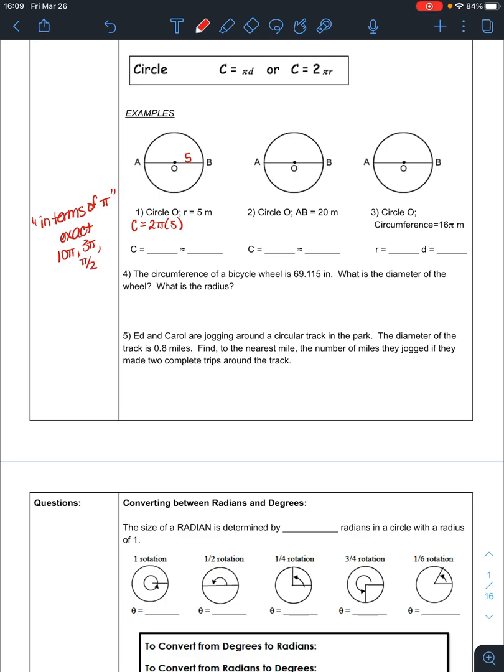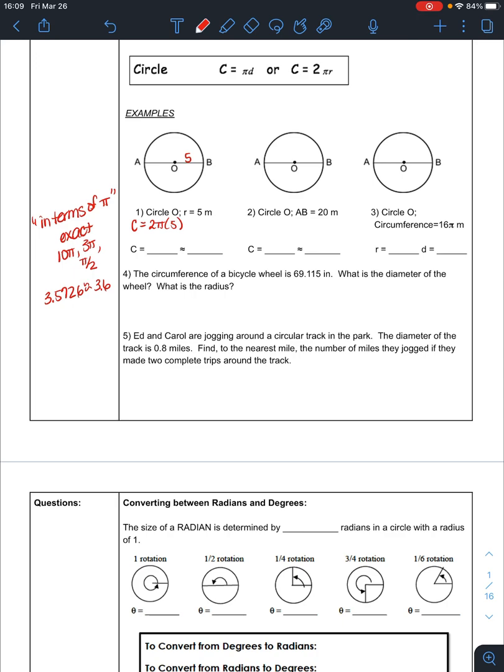Those are exact answers. Rounded answers would be 3.5726 is approximately 3.6. Even though it looks like 3.6 is exact, it's not, because we decided that the rest of the decimals weren't important. So we want to leave our answers in terms of pi. That would be our exact answer.